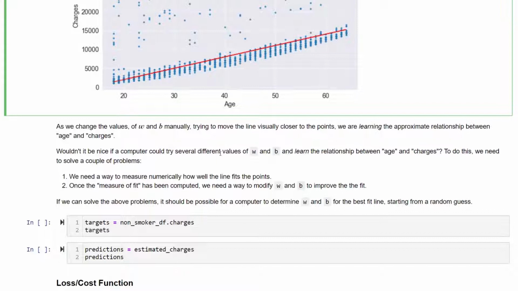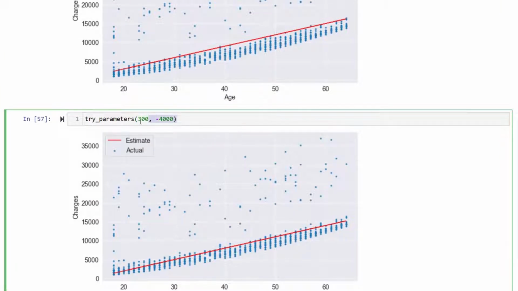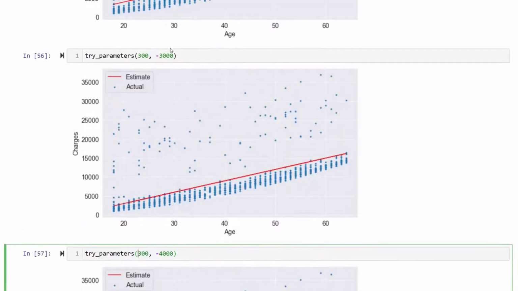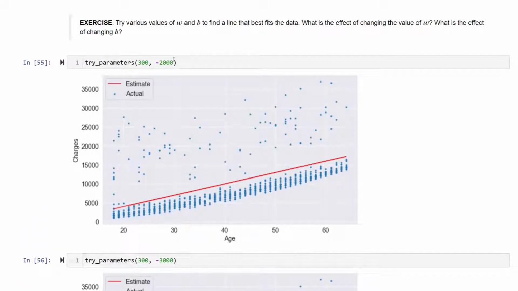So wouldn't it be nice for a computer to try several values of W and B? So far we have tried 300 and minus 4000, 300 and minus 3000, changing the values as required to estimate and plot the line that fits our data.